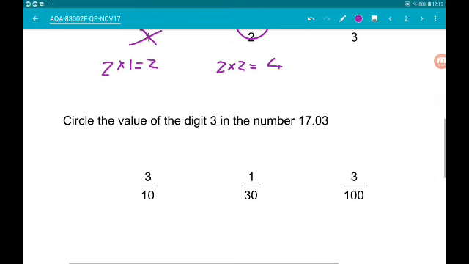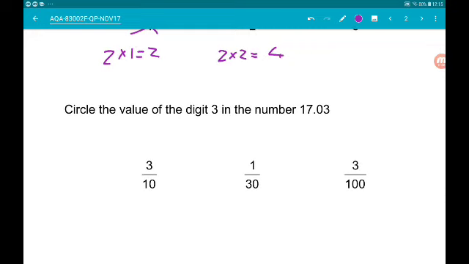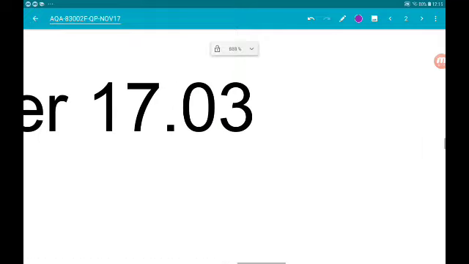Question 3. Circle the value of the digit 3 in the number 17.03.